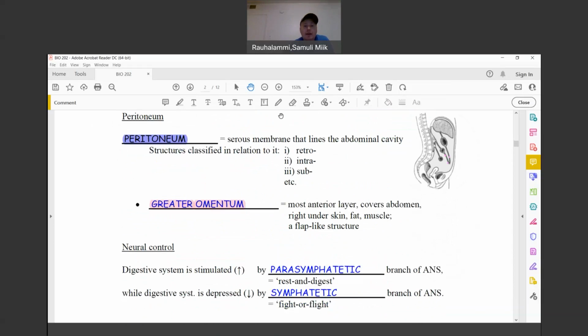In terms of the neural control, what regulates the digestive tract? Well, whenever the parasympathetic branch of the autonomic nervous system is active, that's when the digestive system is stimulated. You remember that sometimes we describe the parasympathetic branch as a rest and digest branch. So what happens after a Thanksgiving meal, for example? You sit down, you really can even feel that all that blood is going to your gut.